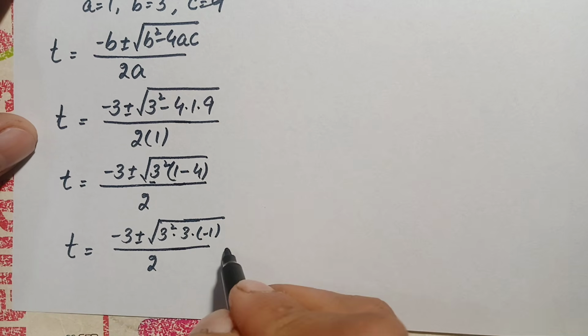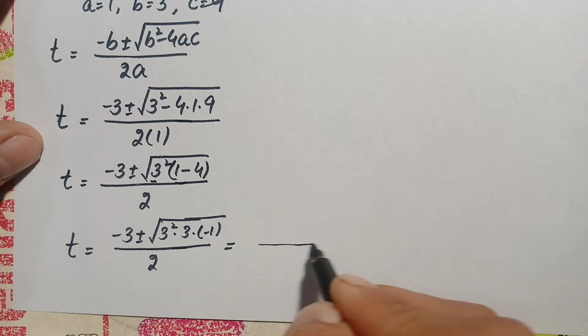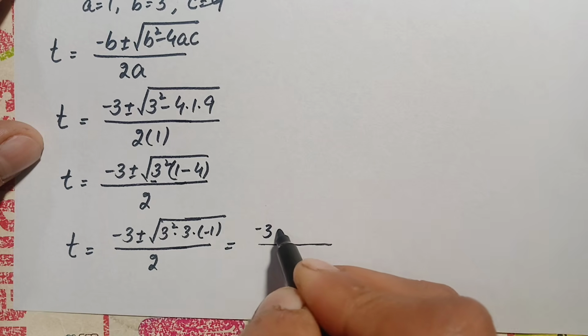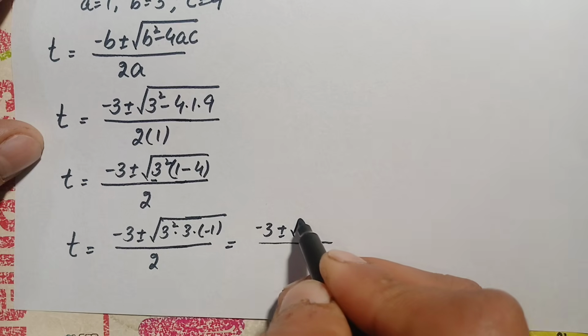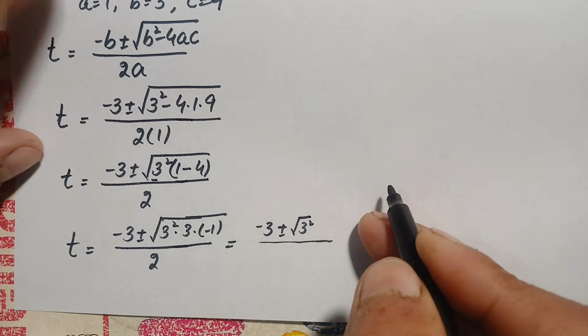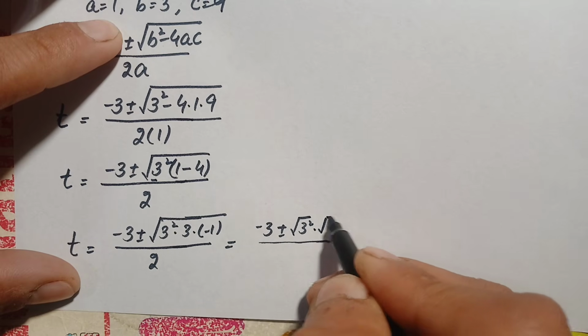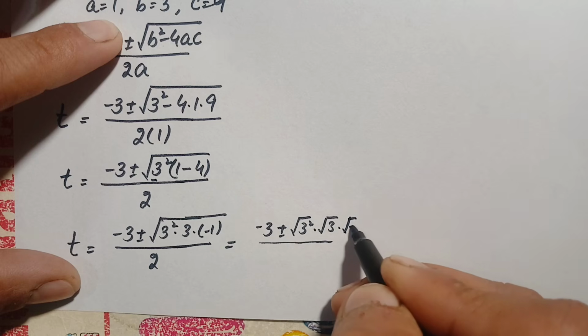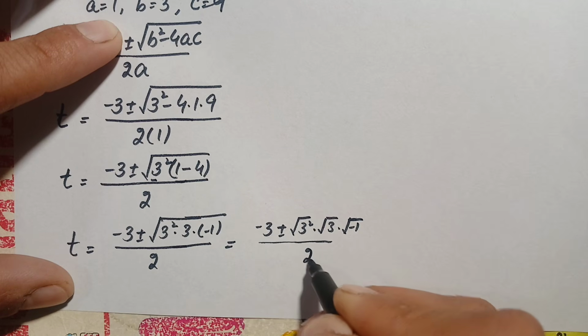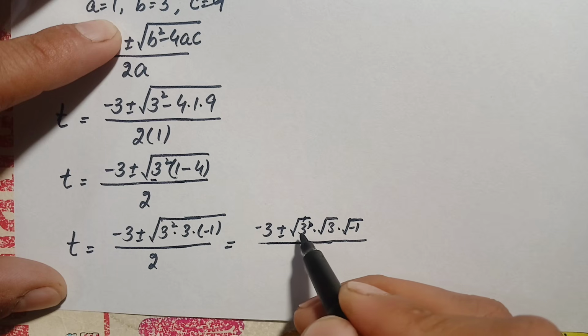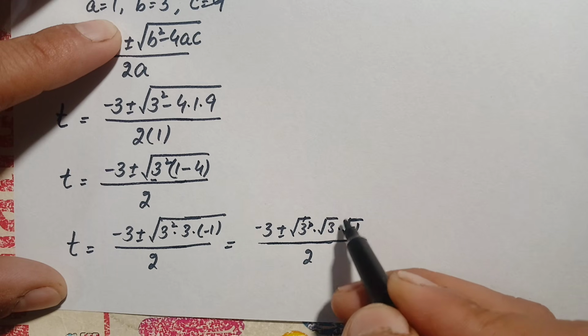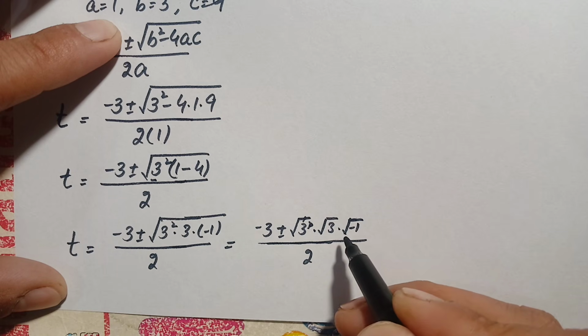So next we can write this right hand side as minus 3 plus minus, this will become square root of 3 square times square root of 3 times square root of negative 1, divided by 2. Here this square will be cancelled, this will become only 3, and square root of negative 1 is the complex identity i, so we will replace this with i.